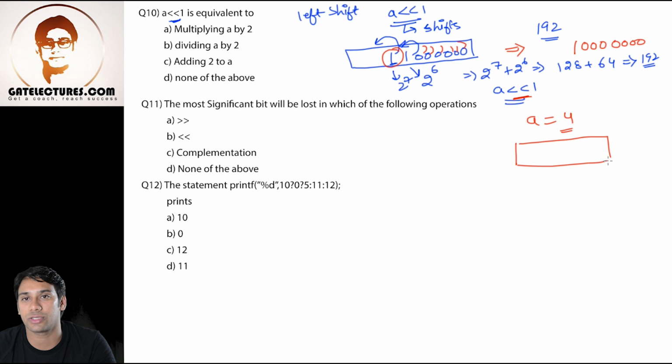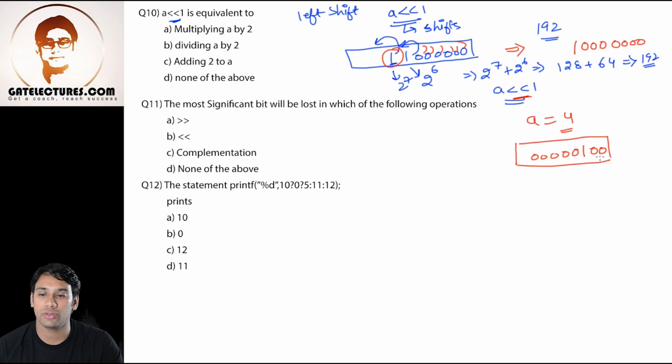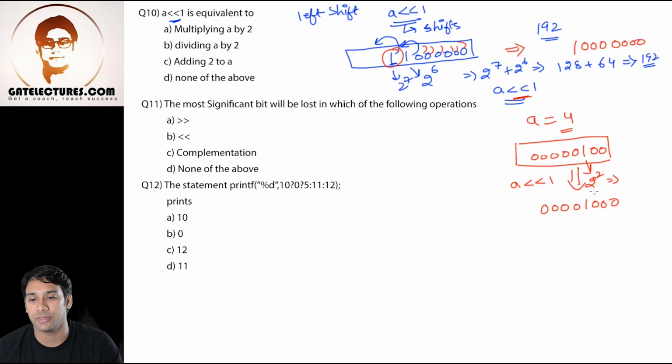It will be 0 0 0 0 0 1 0 0, so it is 2 raised to power 2. Now if I do a left shift by 1, the bits become 0 0 0 0 1 0 0 0. I've shifted every bit by one location.